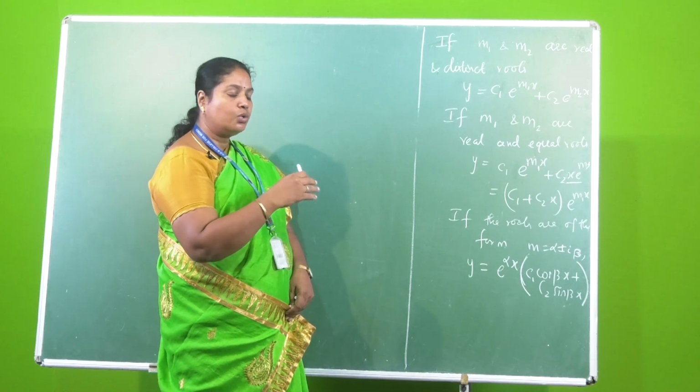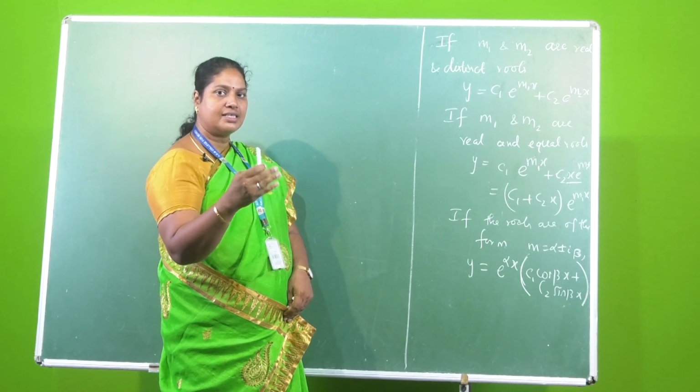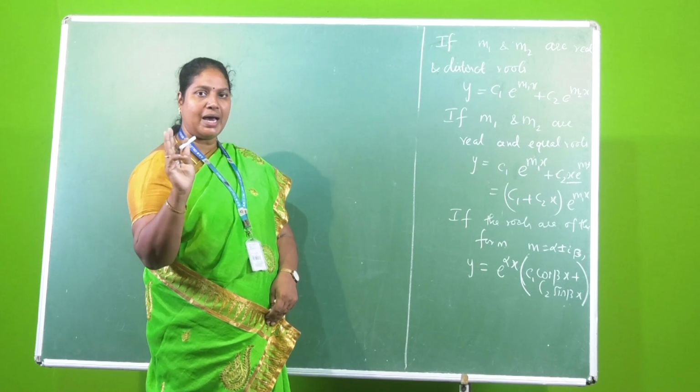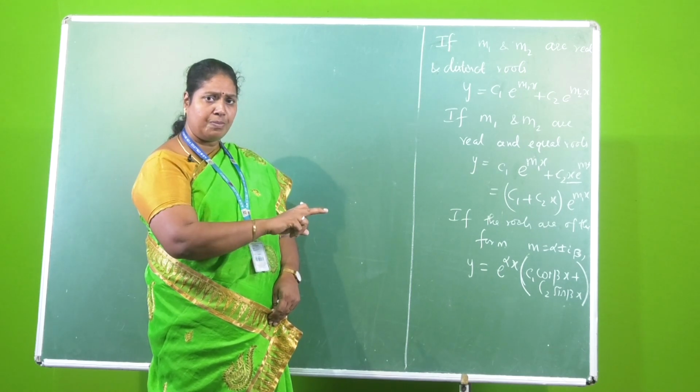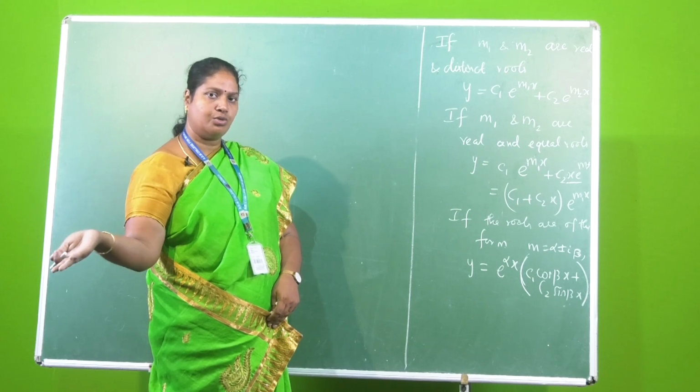If the roots are complex numbers, that is m equal to alpha plus or minus i beta, because complex roots always occur in pairs. That is, if alpha plus i beta is one root, alpha minus i beta will be the other root.